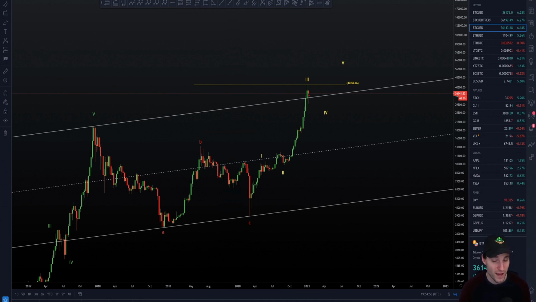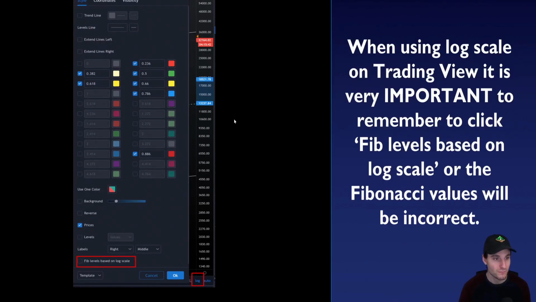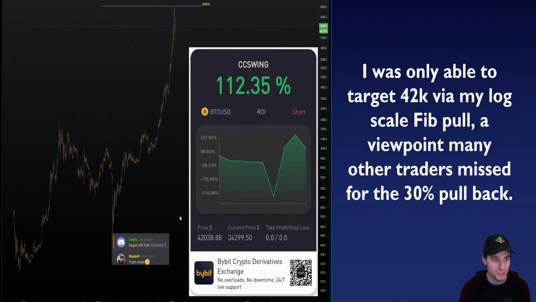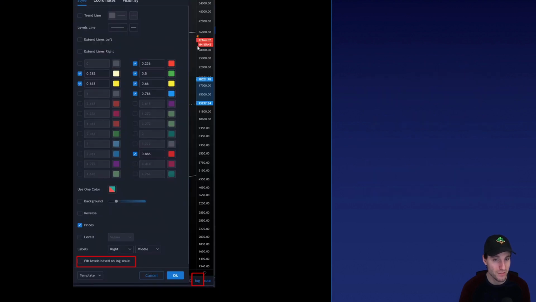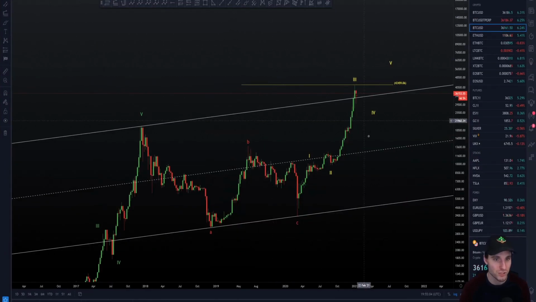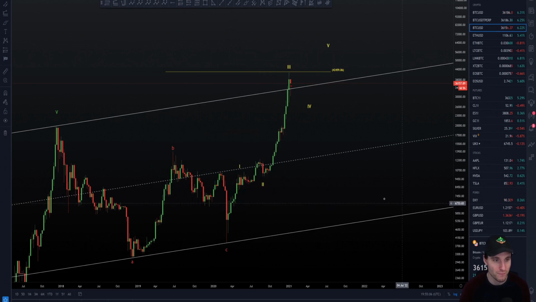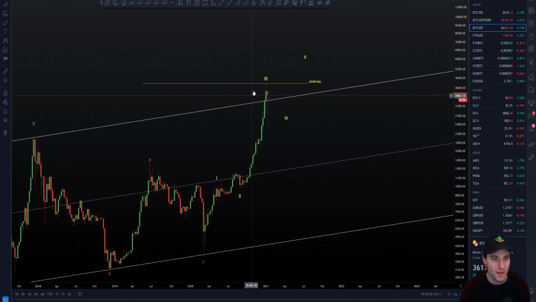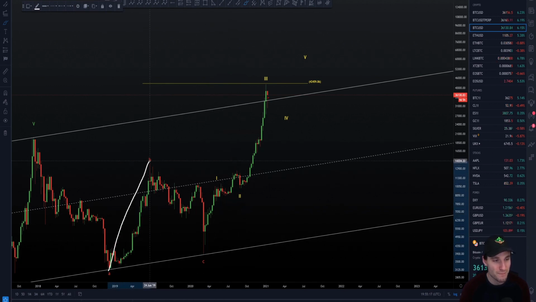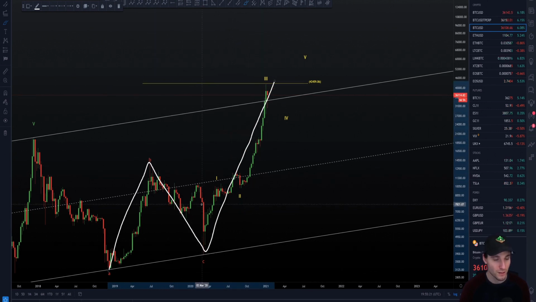So that's basically the sole reason how I managed to get that 42k target, and how we got a 30% pullback off of that. It was simply by using this as the log scale and saying to myself, okay, if we're looking for a target here, we can be taking the pivot of, because this can be viewed in a few different ways. We're looking at this as an impulse, this is a retracement, and that's your next impulse.